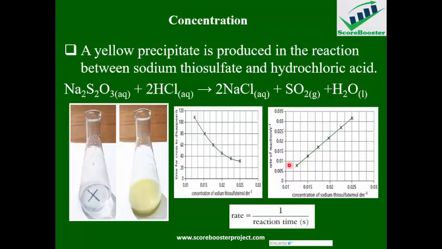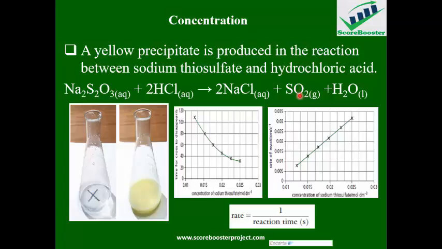So a yellow precipitate is produced in the reaction between sodium thiosulfate and hydrochloric acid. Sodium thiosulfate is a liquid solution. Hydrogen chloride is also a liquid solution. In this case, we have color change as our indicator, the color change of sulfur.